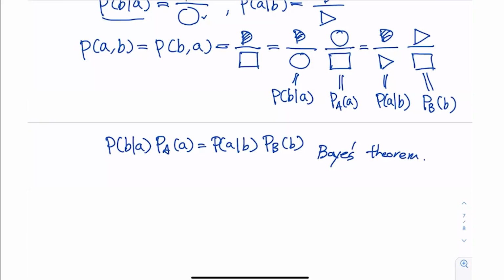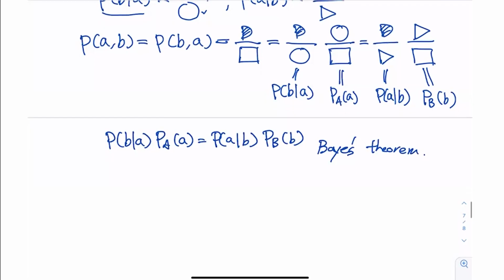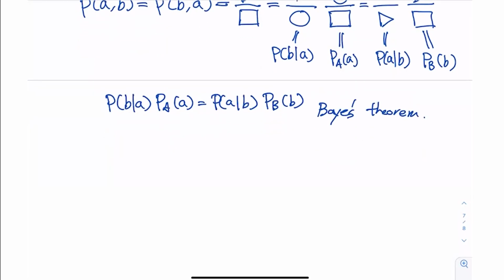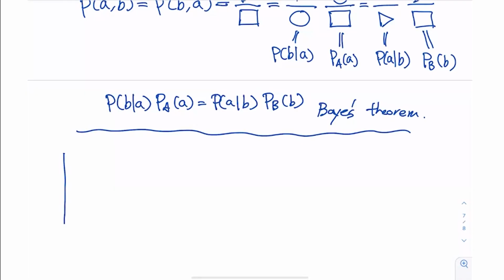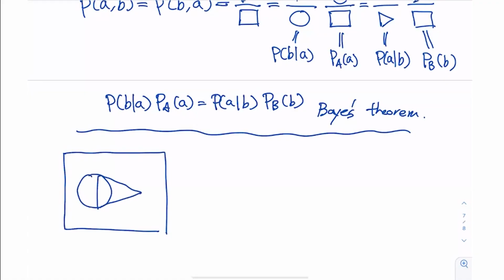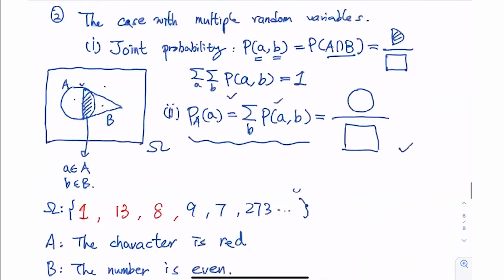So let's see. Now I'm going to write down an extended version of Bayes' theorem by repeating what we just derived previously about this figure.